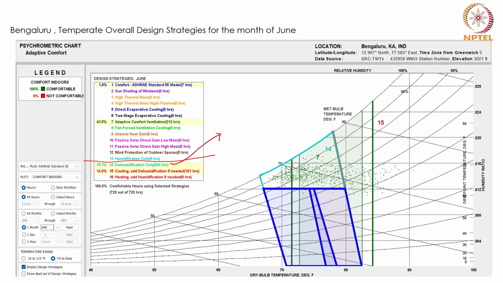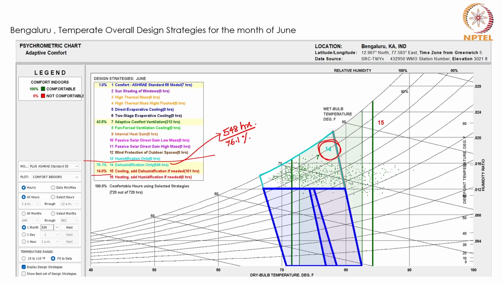Dehumidification of the air inside can shift 548 hours into comfortable time. So, 76.1% of the month can become comfortable if we are able to dehumidify the air.